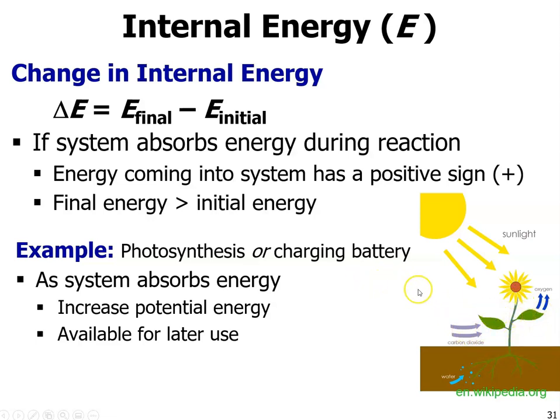So we're storing that sugar for energy for later. It's kind of the same thing as charging a battery, we're storing energy, so it's taking on energy, so it's going to be endothermic. So the final energy level after it's taken on that sunlight is higher than the initial, so this overall delta E is a positive value.